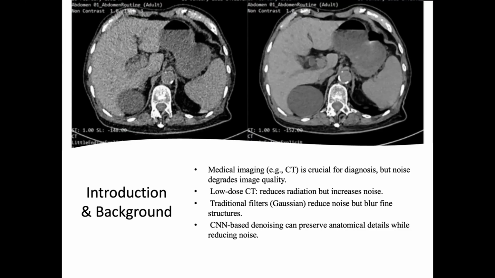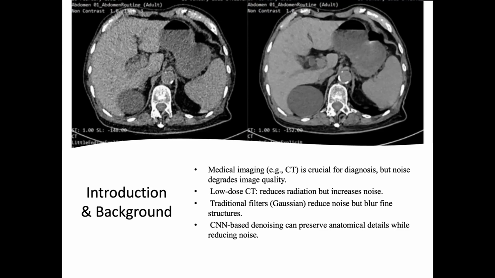Because of that, we have convolutional neural networks, or CNNs, as a promising solution. Different from previous denoising techniques that apply uniform smoothing, CNNs can learn complex data-driven patterns that differentiate noise from true anatomic structure.